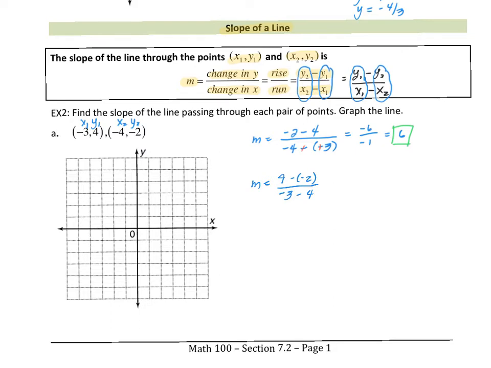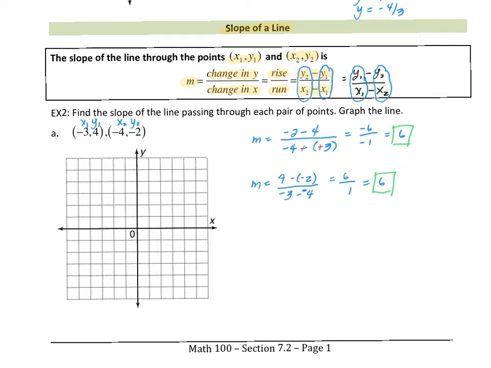Oops, and I did what I said not to do, minus a -4. Okay, so on the top it's going to be 4 plus 2, which would give me a +6. In the denominator, it's going to be -3 minus a -4, or -3 plus 4, and that would give me a +1. So I still get a +6 for my slope.